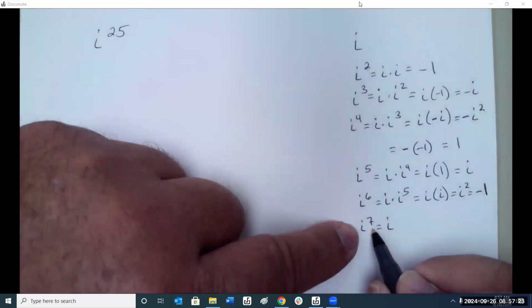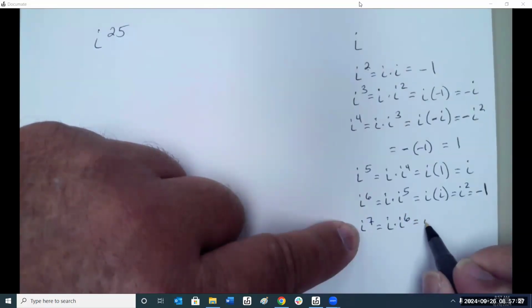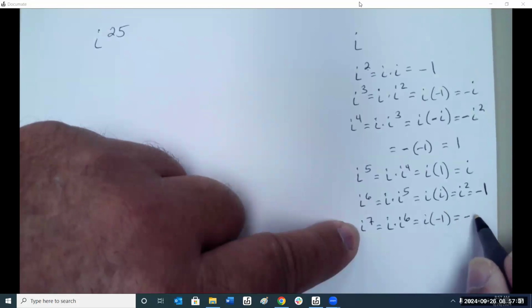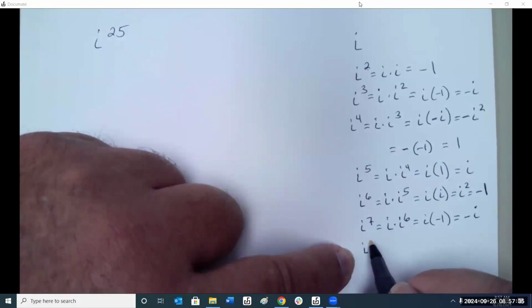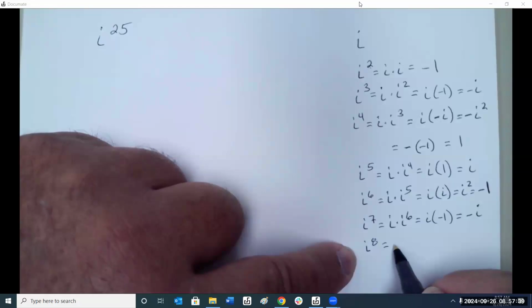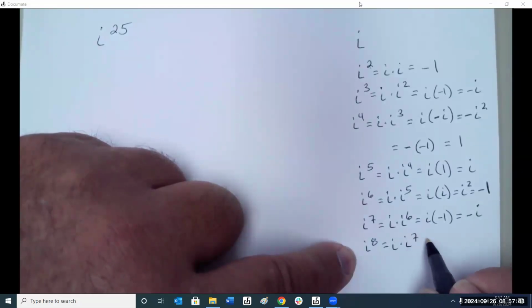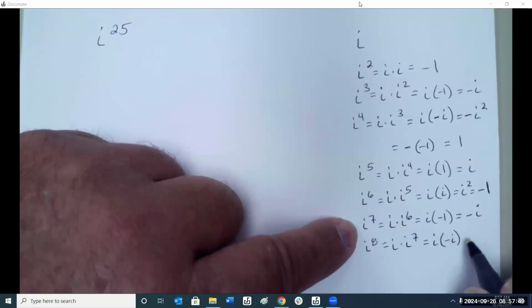i to the seventh is i times i to the sixth. i to the sixth was -1, so it becomes negative i. i to the eighth is i times i to the seventh. i to the seventh is negative i.